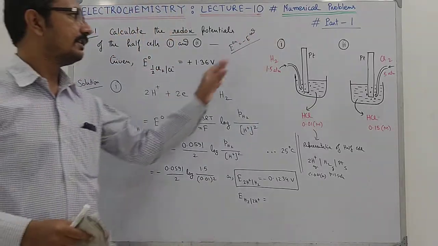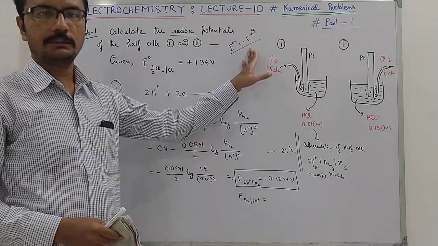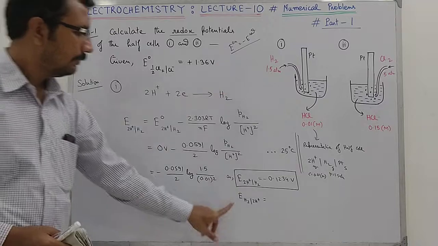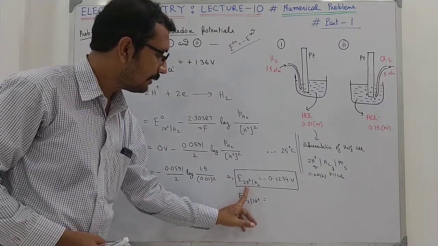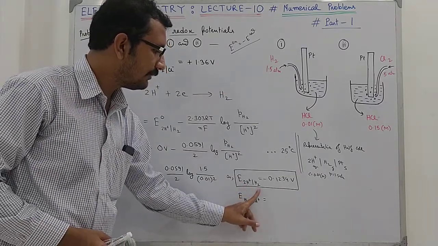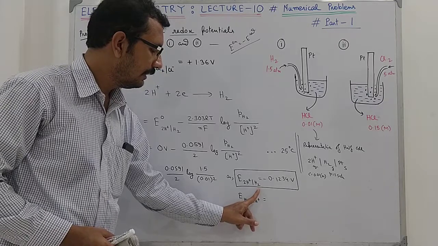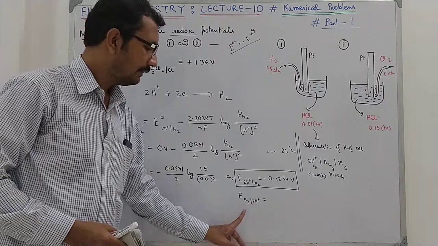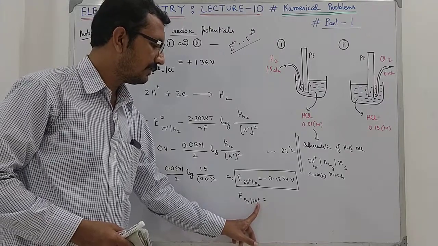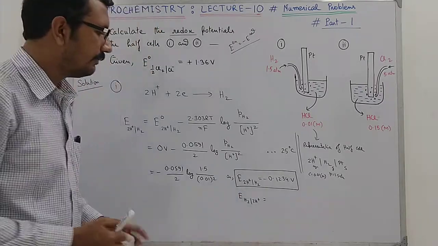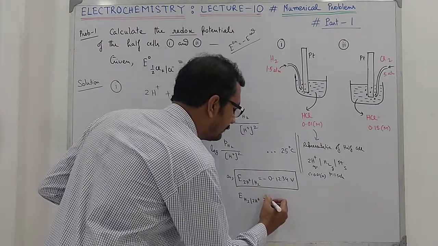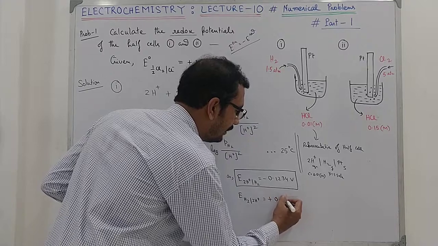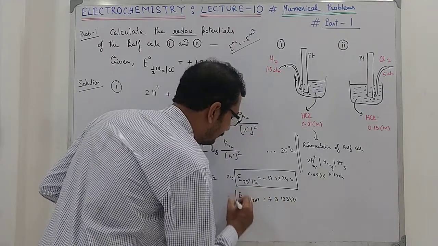Just by changing the pattern, it is going to change the sign only, but the magnitude will remain the same. Here 2H plus is getting converted to H2, so this is reduction. If we represent it as oxidation, that is H2 getting converted to 2H plus after releasing electrons, then it will be of the same value, just with the opposite sign. So it will be plus 0.1234 volt.